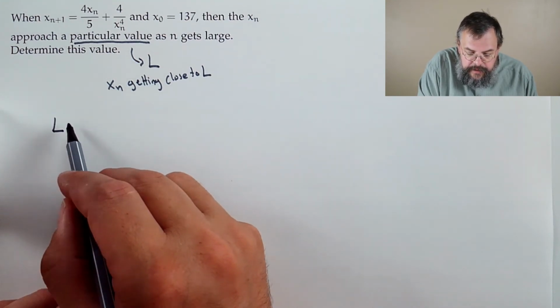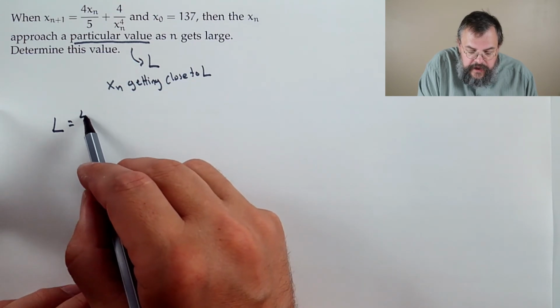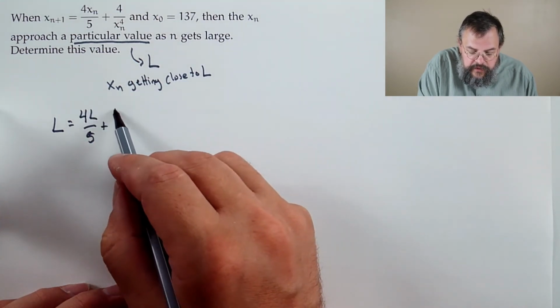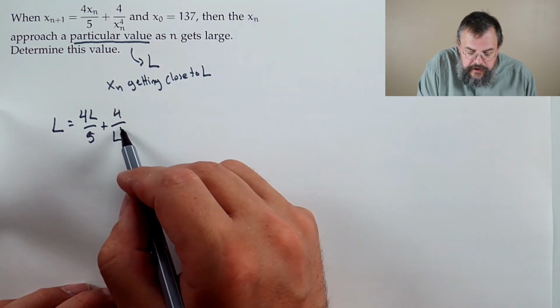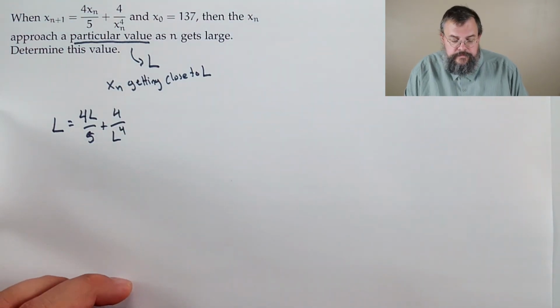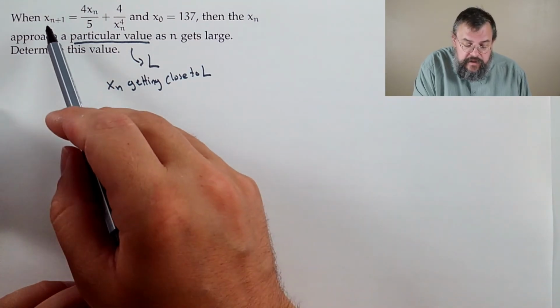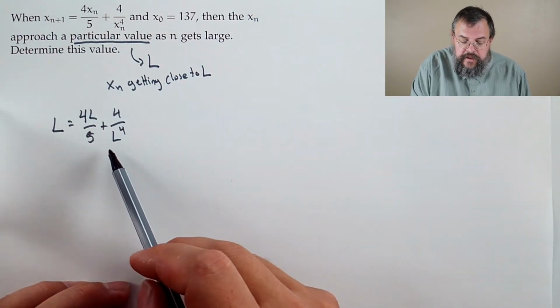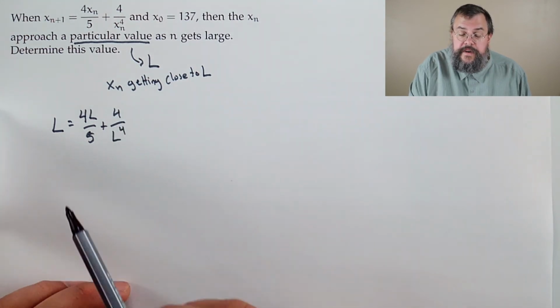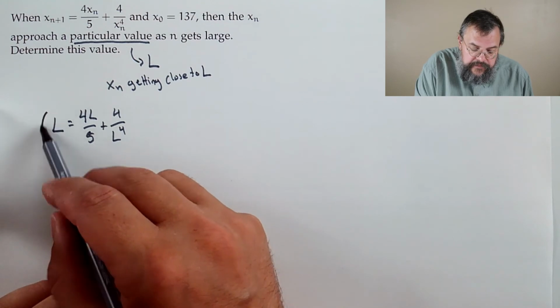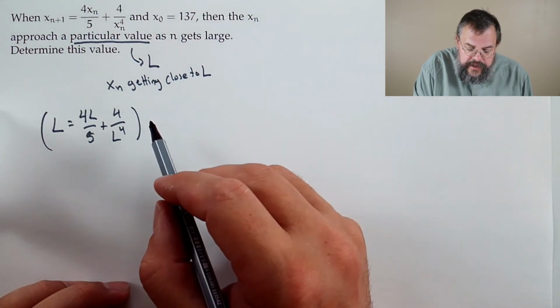So it should be that L satisfies L equals 4L over 5 plus 4 over L to the 4th. Because everything's getting close to L, this side is getting close to L, and this side gets close to this expression. Well, let's multiply by just enough to get rid of our fractions.